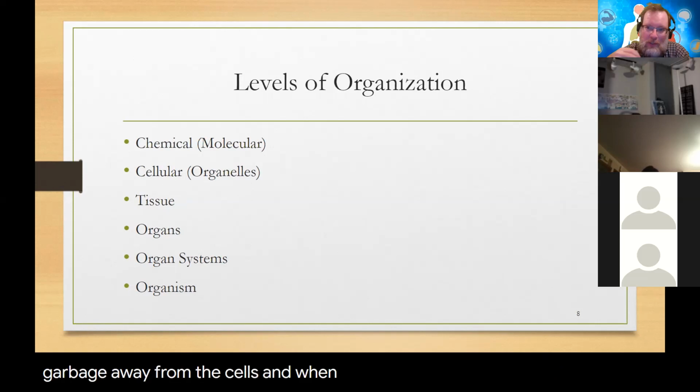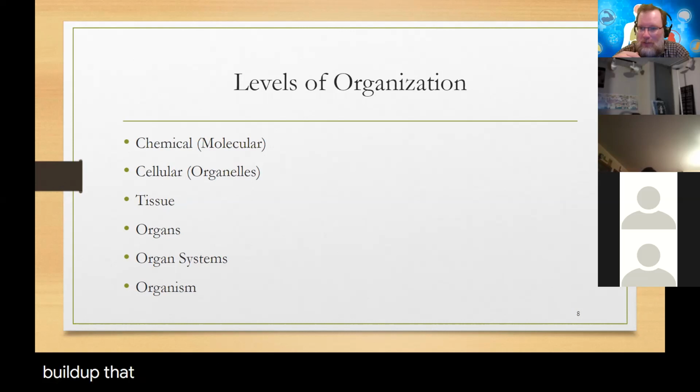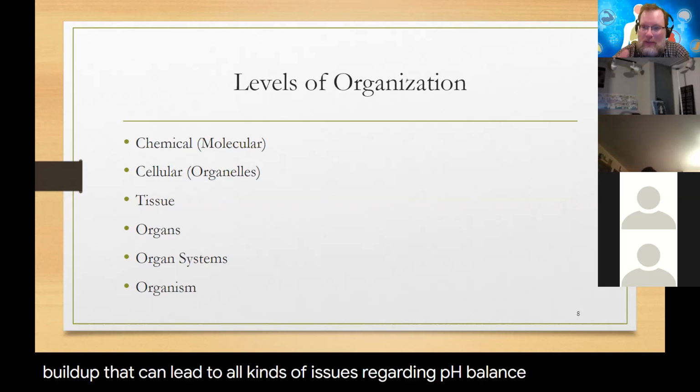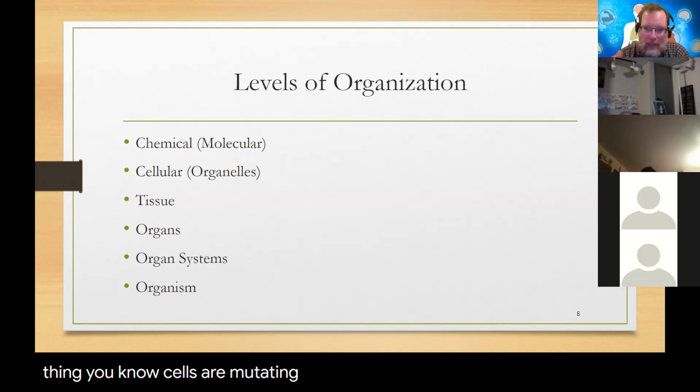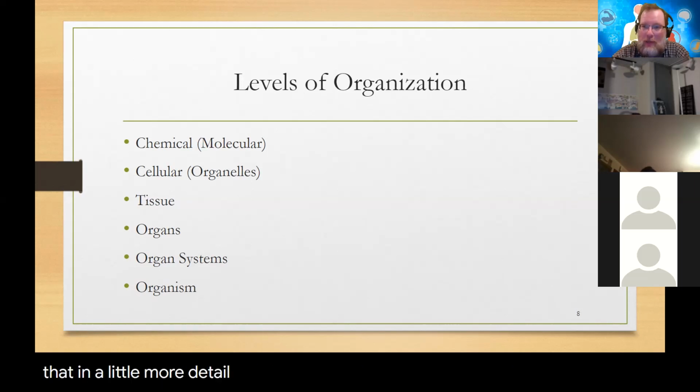And when too much of certain types of garbage or toxins build up at the cellular level, that can lead to excess carbon dioxide buildup. That can lead to all kinds of issues regarding pH balance. And then next thing you know, cells are mutating and going through apoptosis and mitosis problems. So we're going to look at that in a little more detail here in a couple of weeks.